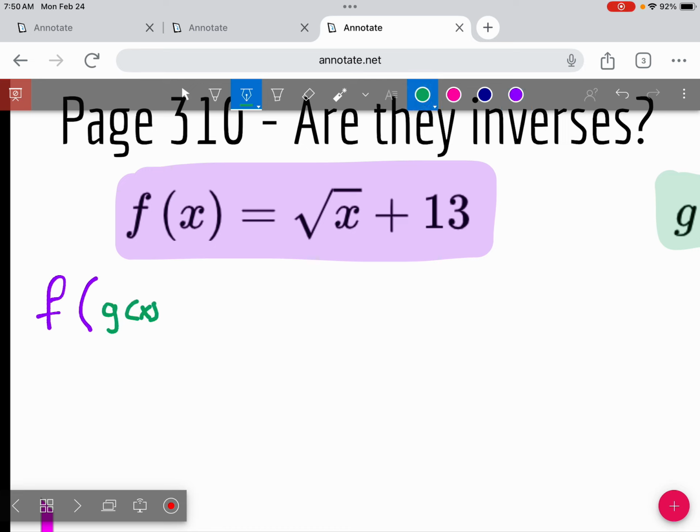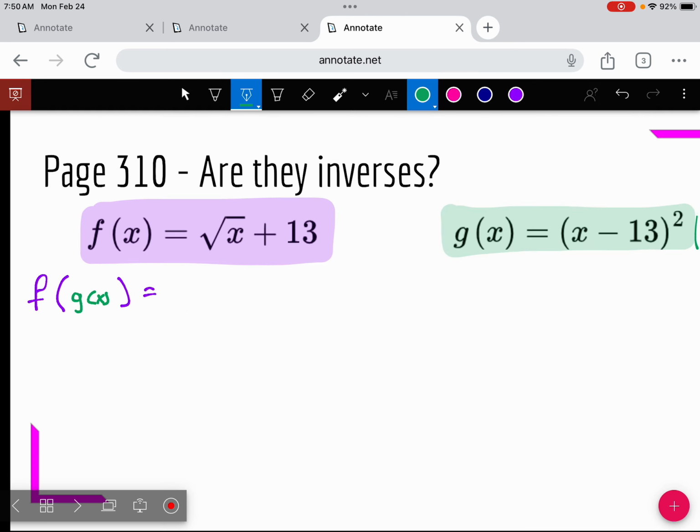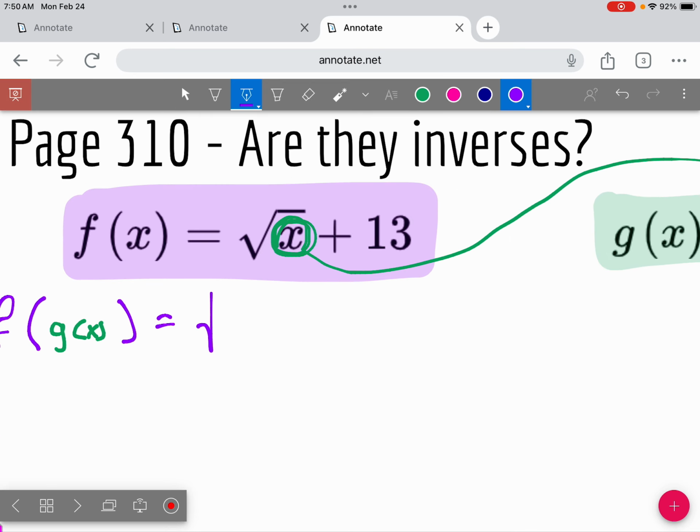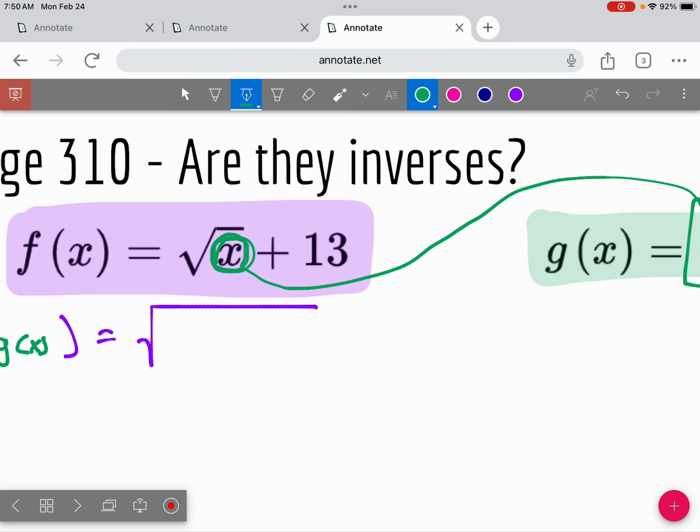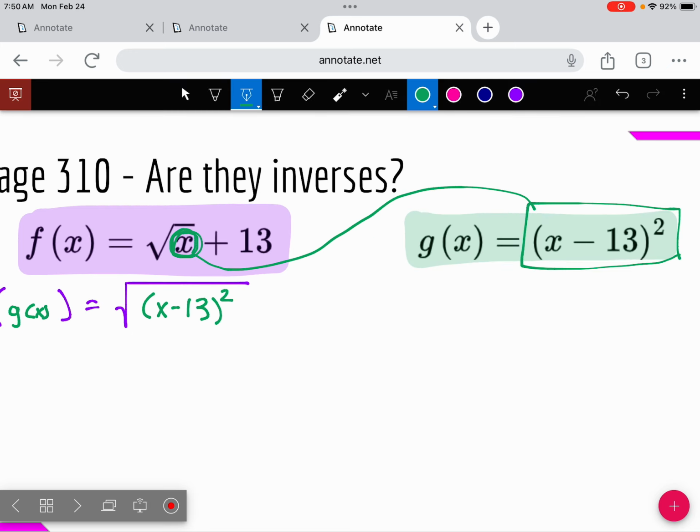We're going to substitute in our g of x in place of the x. So this whole chunk is going to go under the radical. So we have the square root of that thing, our x minus 13, squared. And then we have outside our radical a plus 13.